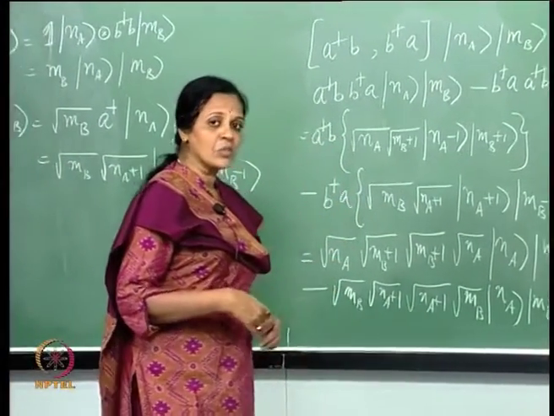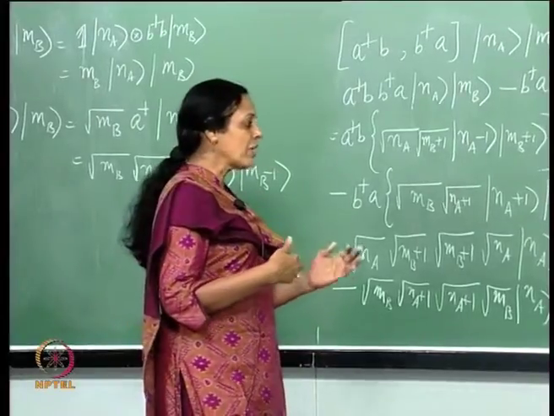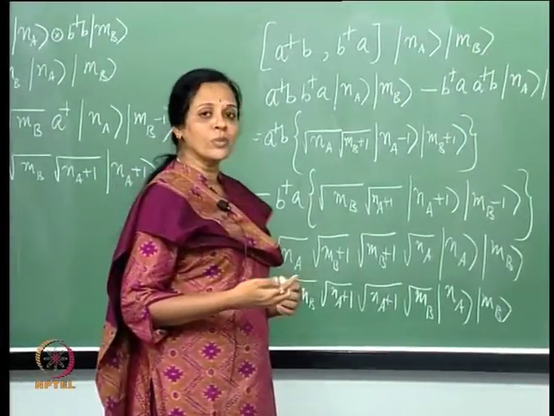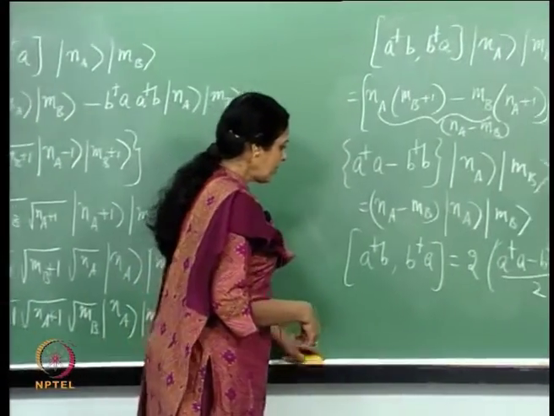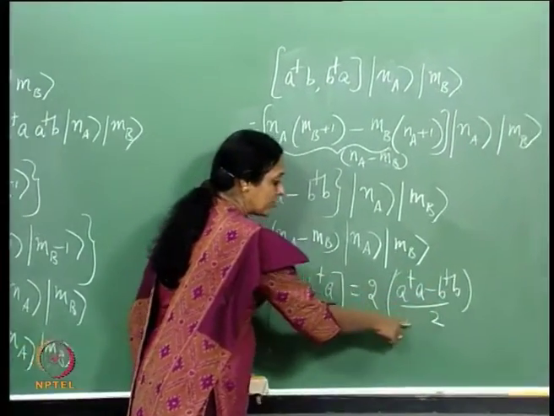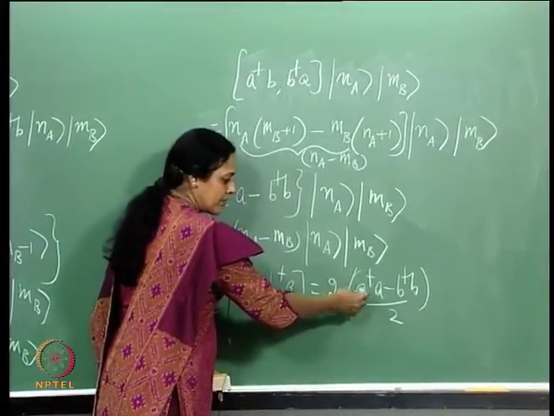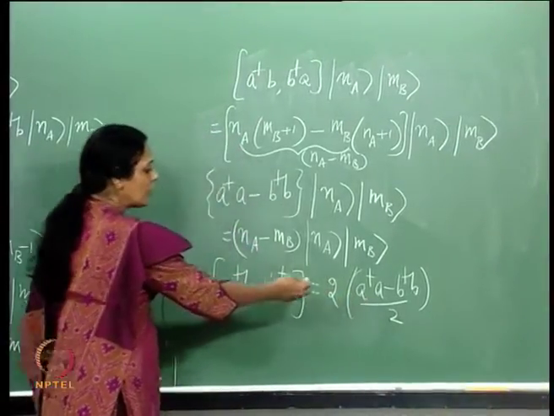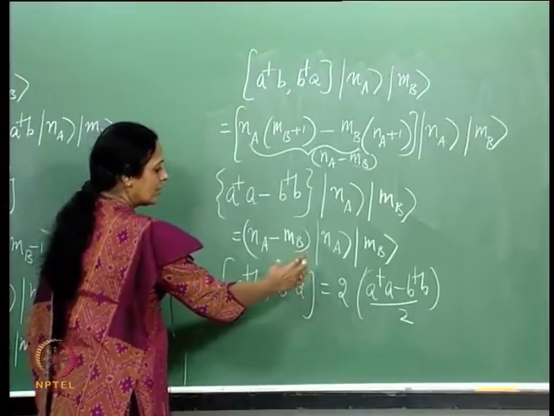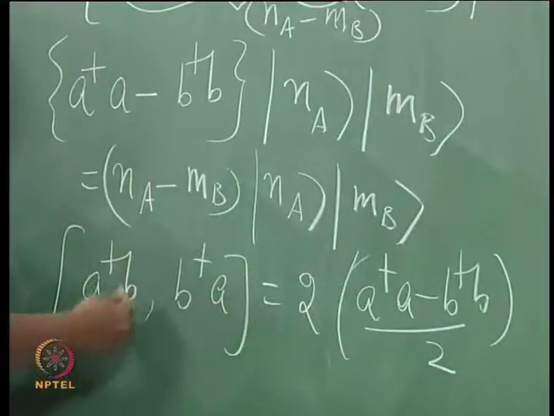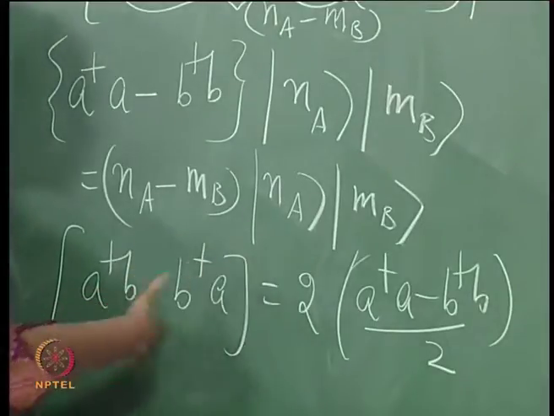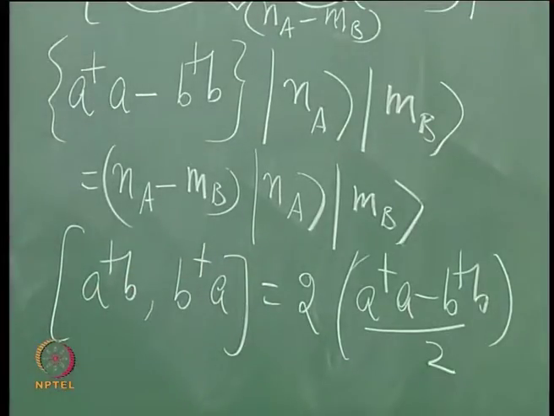This composite system was selected by me to see if I can reproduce the angular momentum algebra using two harmonic oscillators. If indeed I can identify this with Sz, I should be able to check out the analog of the commutator of Sz with S plus and Sz with S minus, which is what I will proceed to do now.